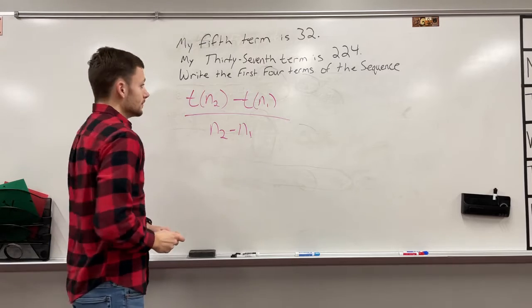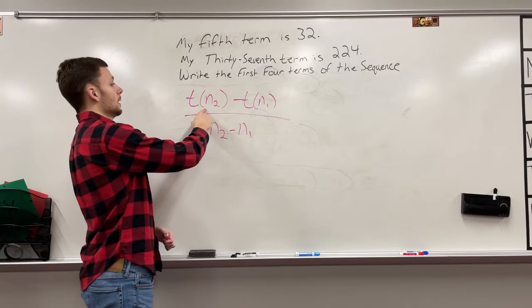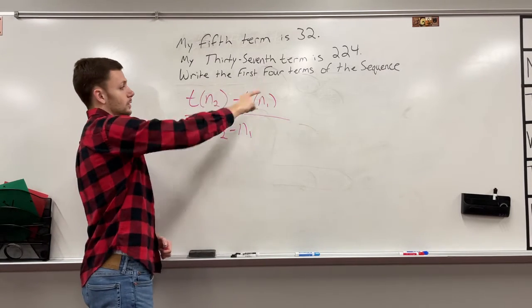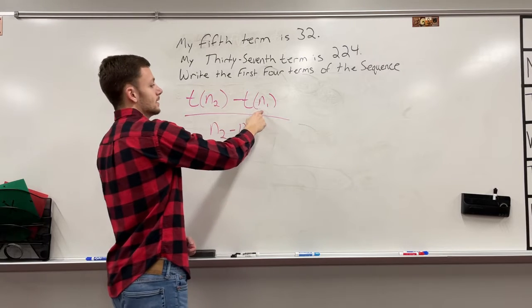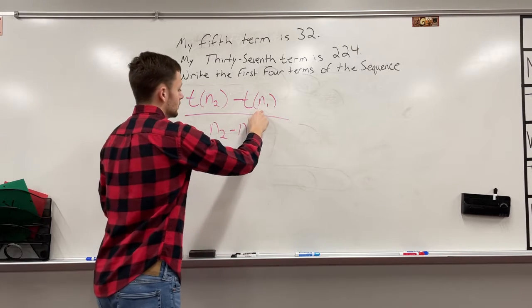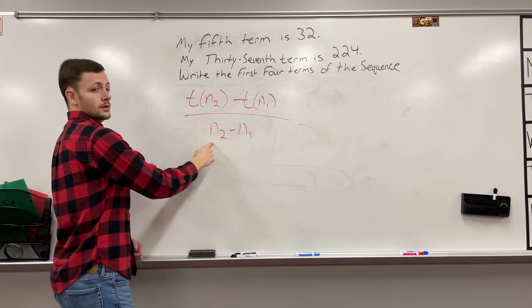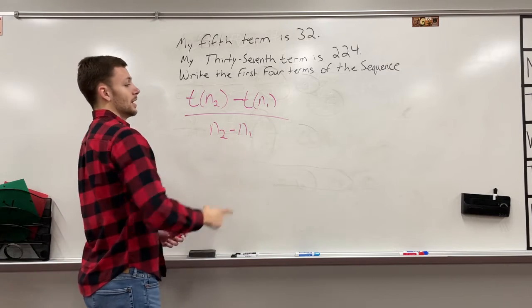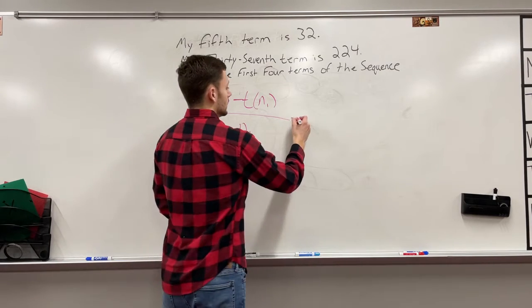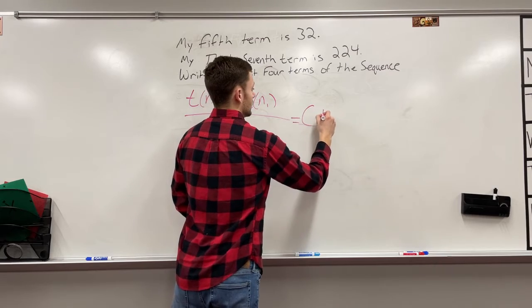So again, the difference in my farthest forward term value minus my lowest term value, divided by my highest term number minus my lowest term number, equals my common difference.